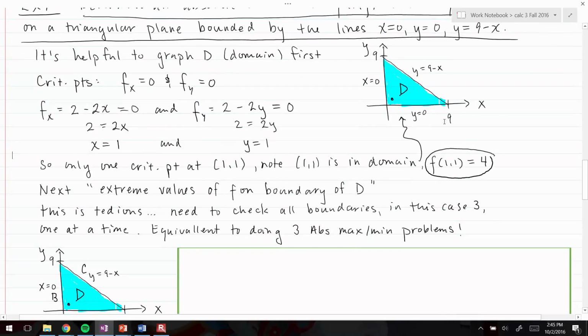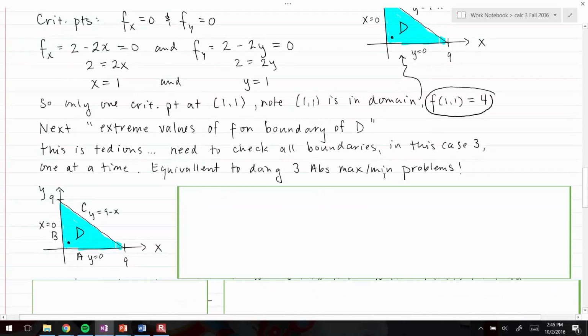It's going to amount to basically doing 3 separate max-min problems, and then we put all our results together to see collectively what is the absolute max or minimum for this problem. So here we go.